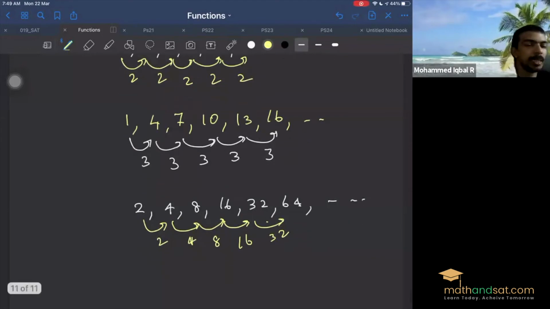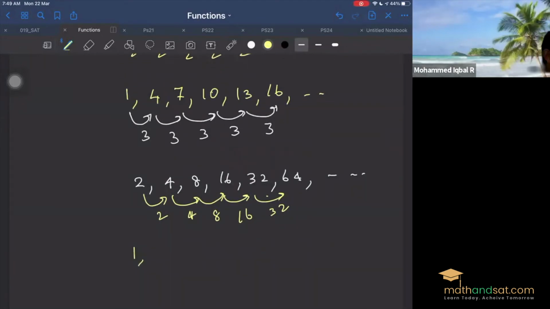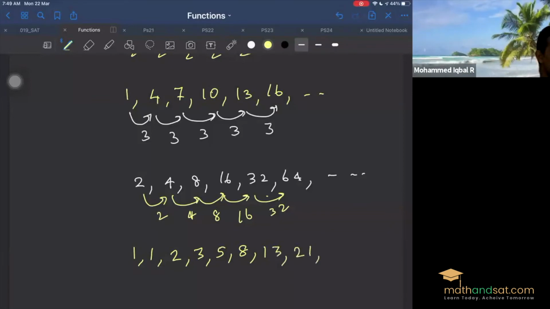Another example, I'll give you 1, 1, 2, 3, 5, 8, 13, 21, 34, 55, 89.